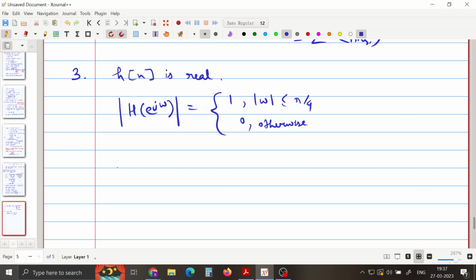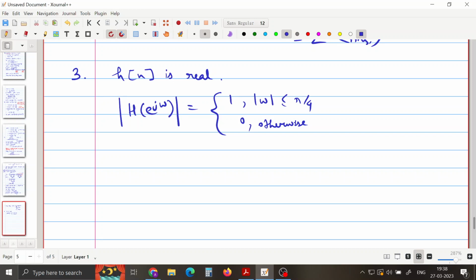What I asked is, if this impulse response h of n is real, what kind of symmetry do this magnitude response and the phase response have? It was taught in the lectures that it will have an even symmetric function. Which one will have even symmetry?